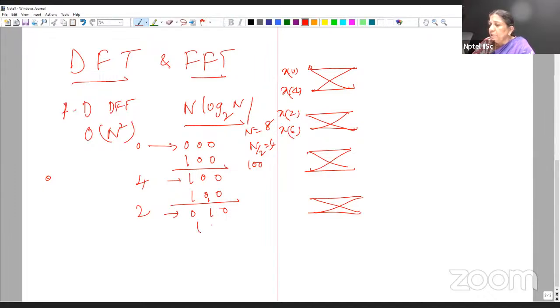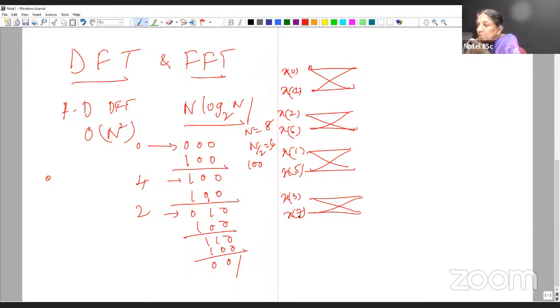Next, if you add 1 0 0, it is going to be 1 1 0. When you add this with respect to this, you'll get 0 0 1, so this will be your x of 1 and x of 5, and then x of 3 and x of 7. So the input is going to be in bit-reversed order, which you have to access from the memory.